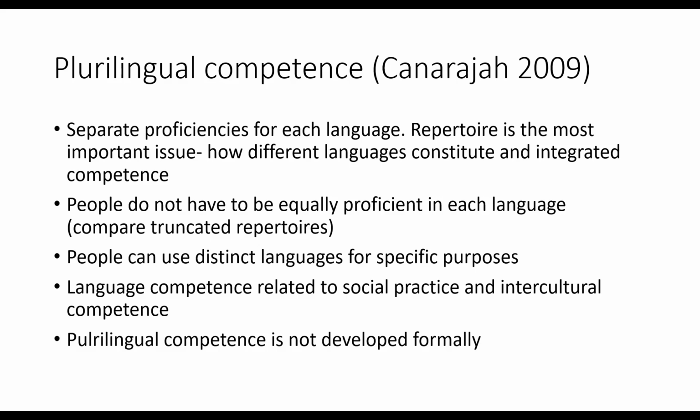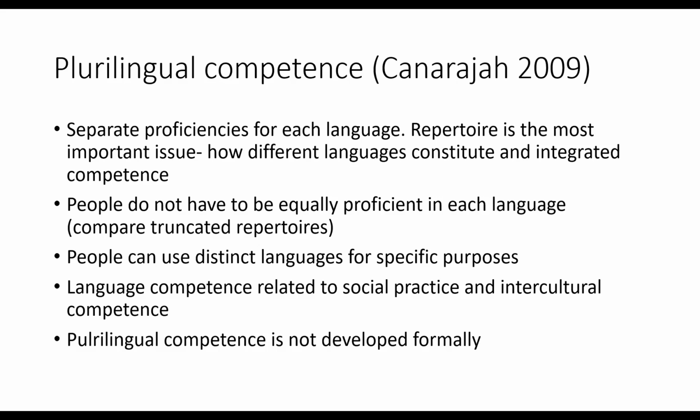In plurilingual competence, people do not have to be equally proficient in each language. You can speak a bit of this, a bit of that. Remember our notion of truncated repertoire: when a person can only speak enough German to do X, enough Turkish to do Y, and enough Gujarati to do Z, that would be your truncated repertoire. We met that earlier in the semester.